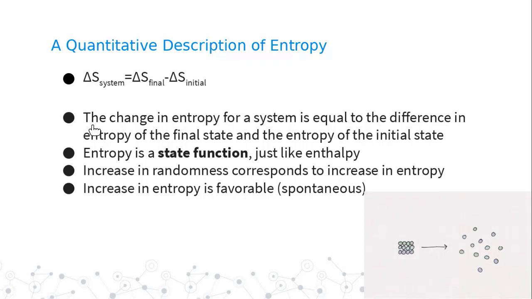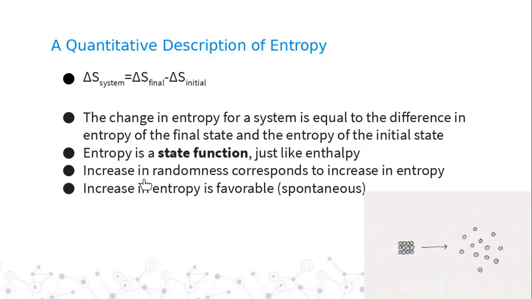And this is just that in words, basically. The change in entropy for a system is equal to the difference in entropy of the final state and the entropy of the initial state. So in other words, this is a state function, just like enthalpy is. We can use the end and the beginning to figure out the change overall.